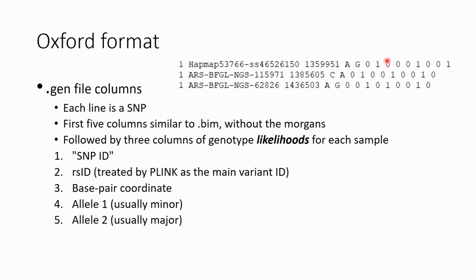So this indicates that the first individual is a heterozygous one. The next 3 columns here are for the second individual. So this is 0 likelihood for homozygous, 0 for heterozygous, and 1 for the other homozygous. So this indicates that it is homozygous for a G allele.